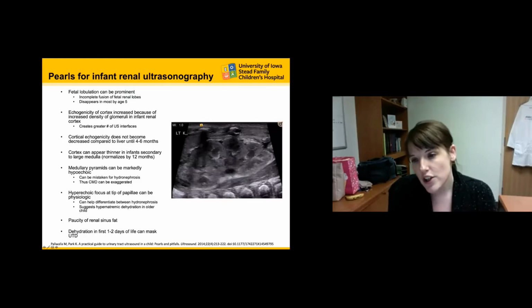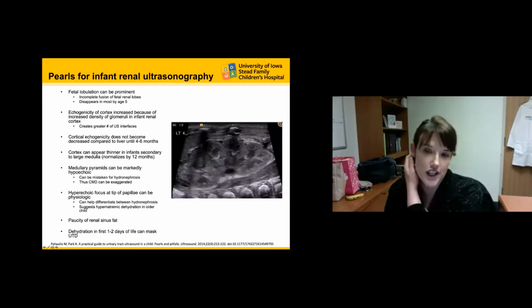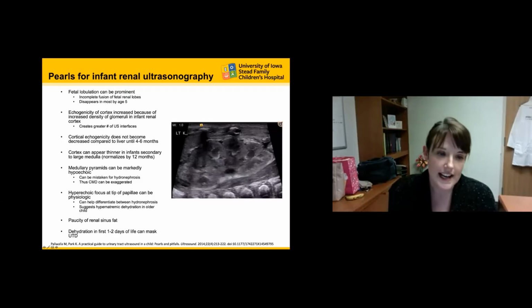So here is the cortex of the kidney as opposed to the medullary pyramid, and you see this distinct differentiation. That's actually a sign of good renal health in infants. That can make things a little bit difficult when trying to differentiate between good corticomedullary differentiation and hydronephrosis, and that differentiation can sometimes be exaggerated in infants.